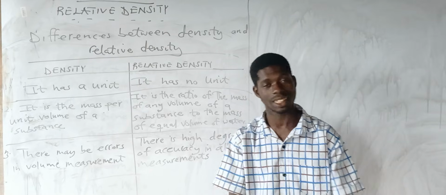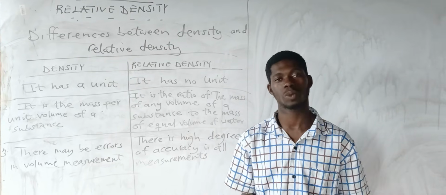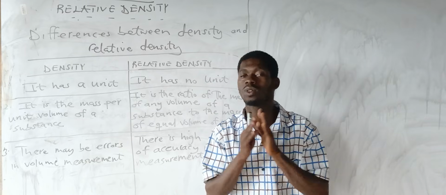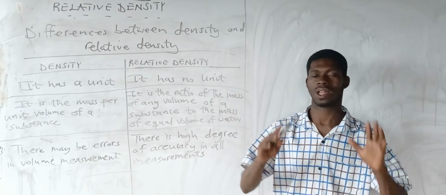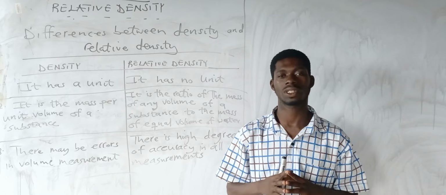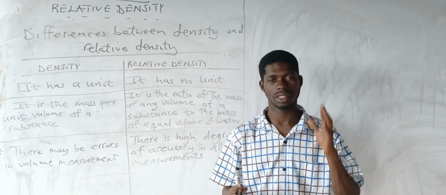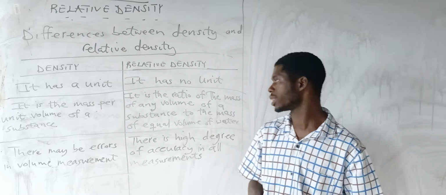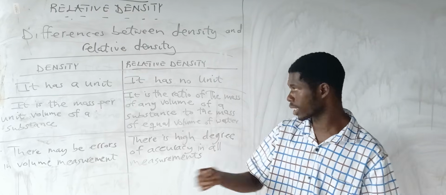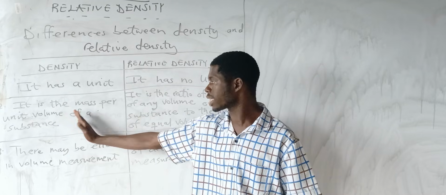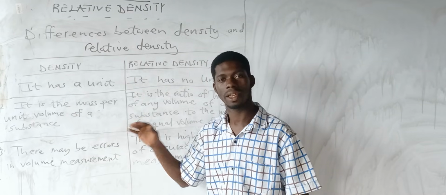Density has a unit, which is kilogram per meter cube, but relative density has no unit. So you can use the units of them to differentiate between them. Density has units, relative density has no units.